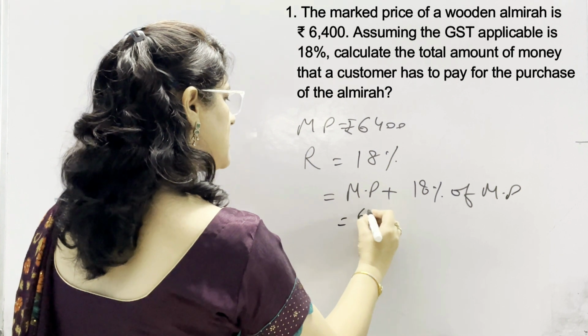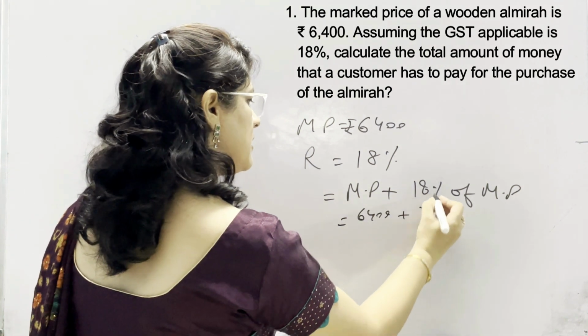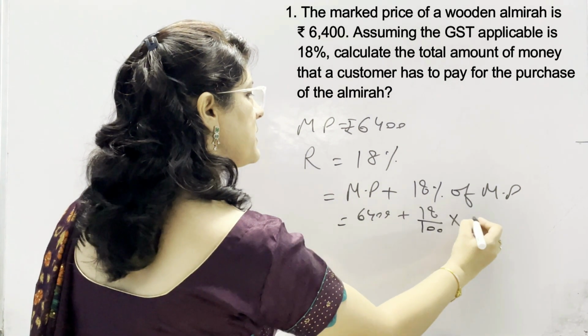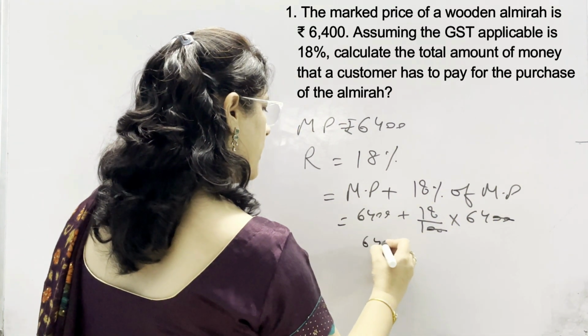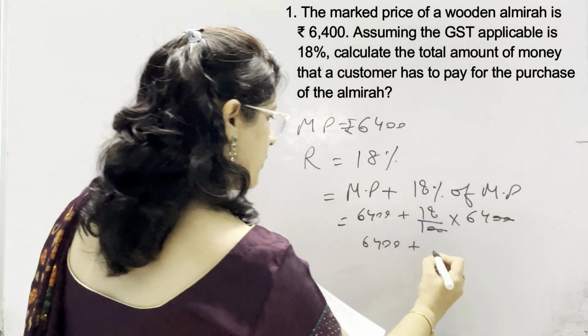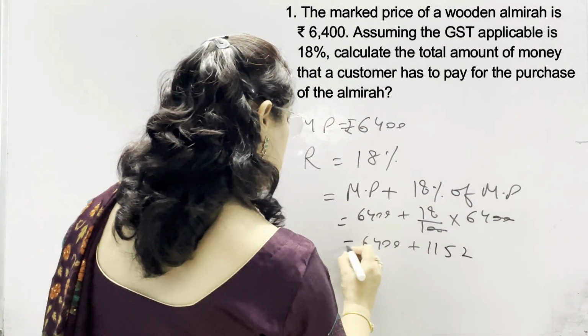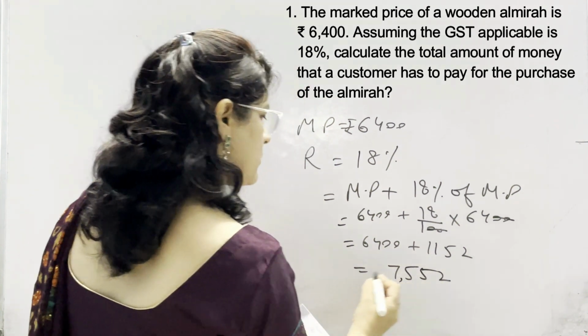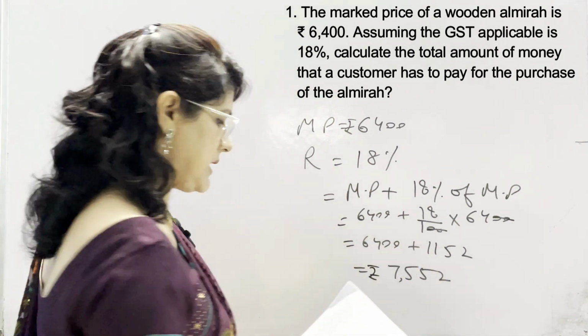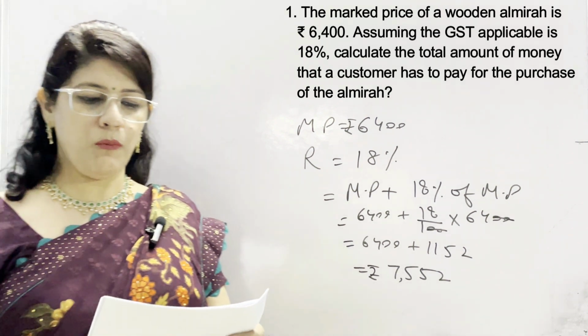It means 6400 plus 18%, where % means divided by 100 and of means multiply, and the marked price we know is 6400. So 6400 plus 18 into 64 is 1152. So the correct answer is 7552 rupees, which the customer has to pay.